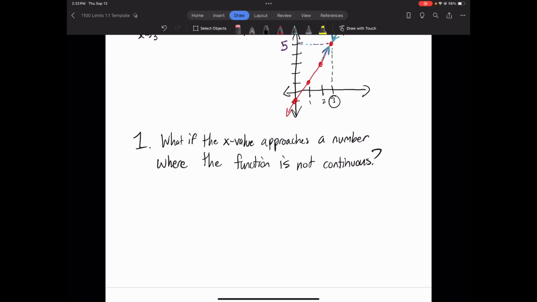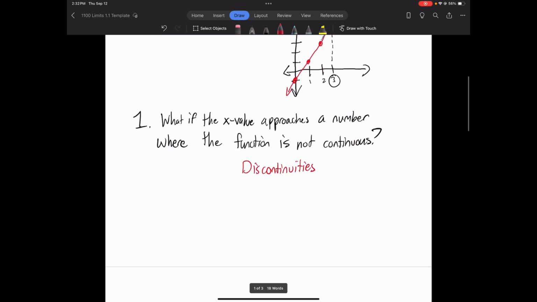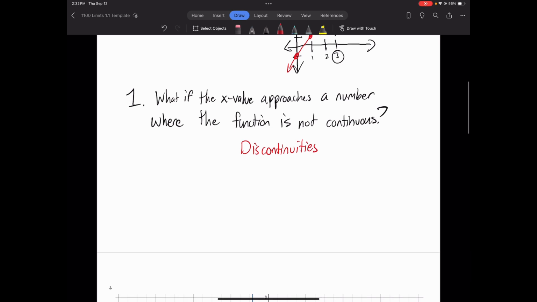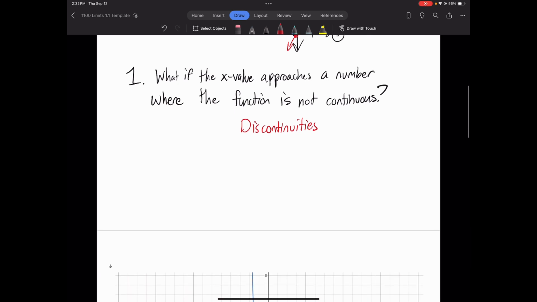We call these discontinuities. That's where limits can be helpful, because with a discontinuity you can't actually plug a value into your function, since a lot of the time your function is undefined at that point. And the other area where limits are important is, what if x is approaching infinity?